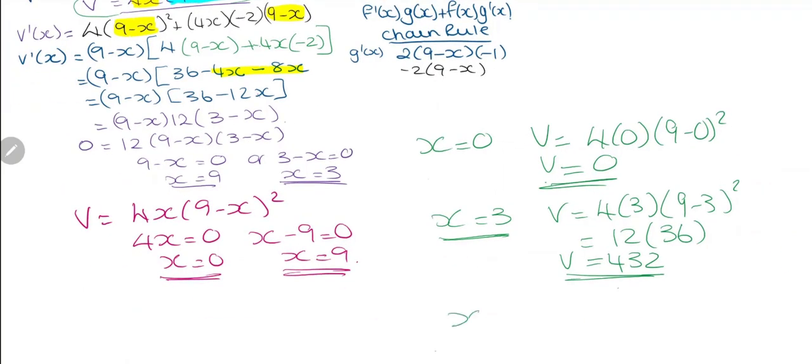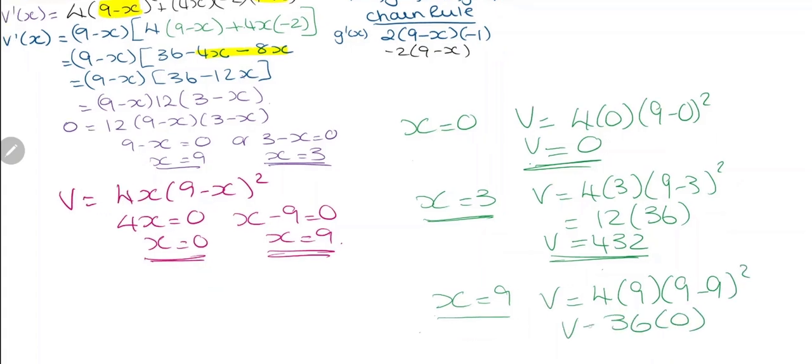And then when x is 9, the volume will be 4 multiplied by 9, times 9 minus 9 squared. So 36 multiplied by 0, so the volume will be 0. When x is 3, we will have the maximum volume.